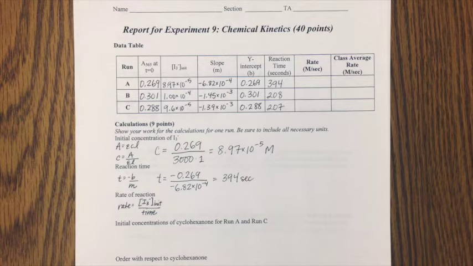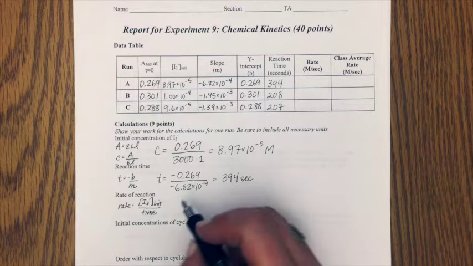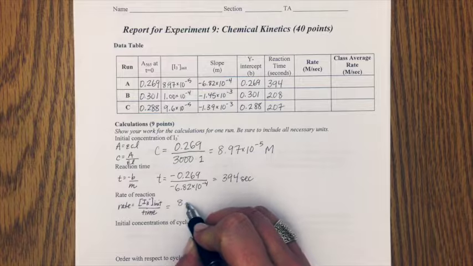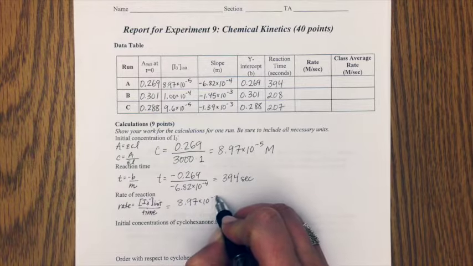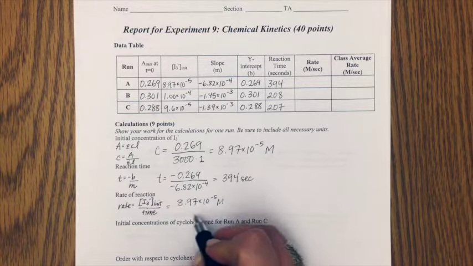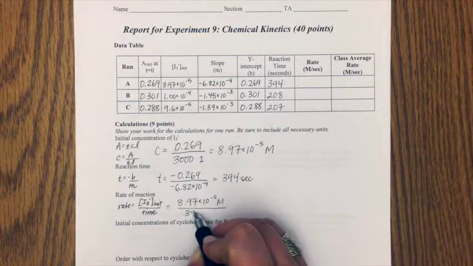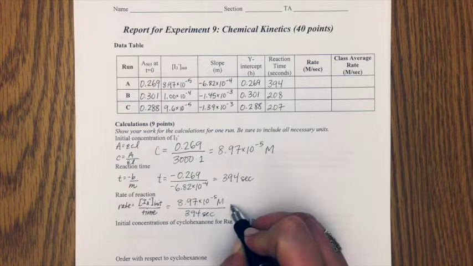Next, I have to find the rate of the reaction. This is just the concentration over time. Because I'm looking at my I3-, I know how much I had at the beginning, and I know how long it takes for all of it to go away. That will give me my reaction rate. So I'm going to use 8.97 times 10 to the minus 5 molar over 394 seconds.